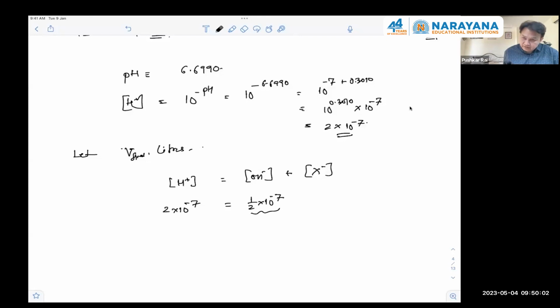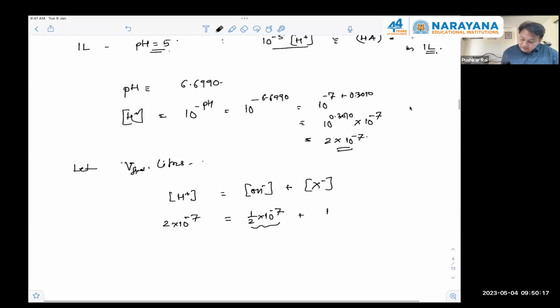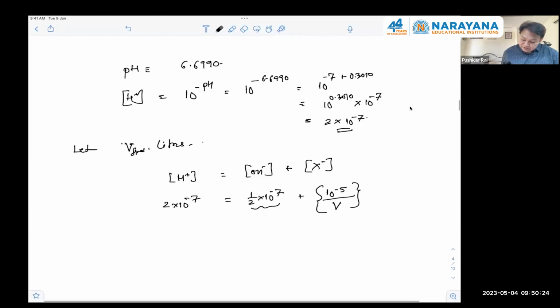Try to understand this concept, Avinash. And plus this X negative: initially we had 10 to the power minus 5 moles, but now the volume has become V. That is its concentration.